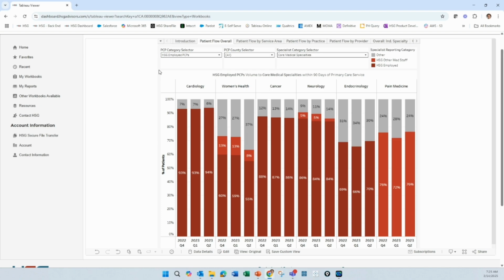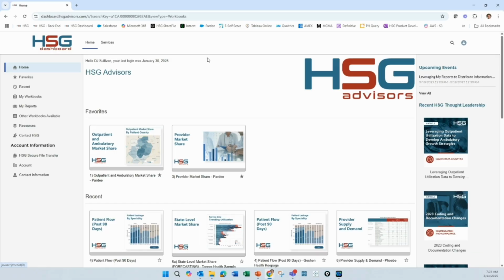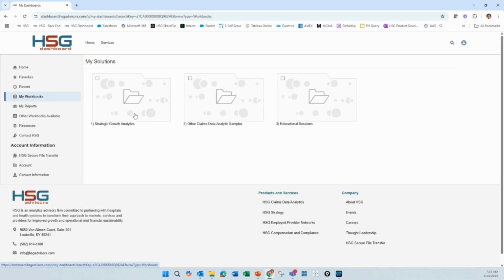From a delivery standpoint, HSG definitely recommends this being an ongoing measurement capability. As shown, we like to publish things through our HSG dashboard environment for ongoing utilization. It enables us to either broadly look at performance or dig into very specific details, as we just were.